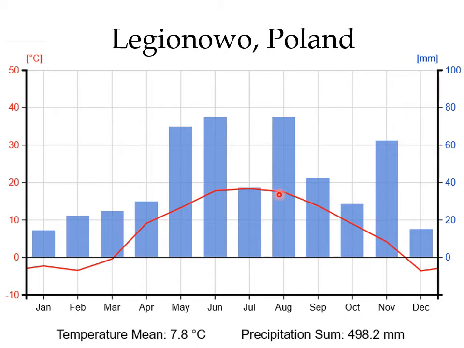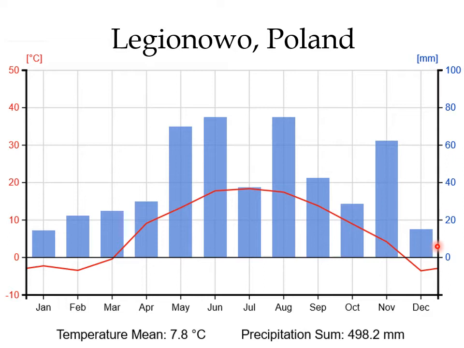So this great difference between hot summers and cold winters is the great characteristic of this continental climate because of the lack of great masses of water that can balance temperatures. They have very extreme ranges.